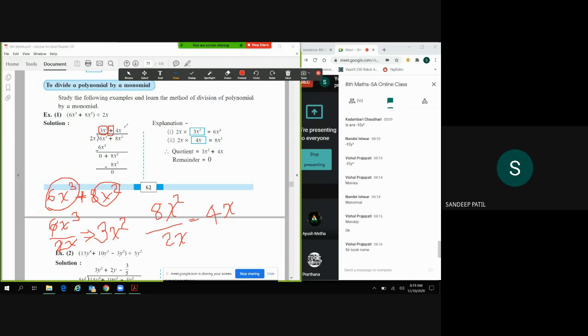So that is the answer here. Whenever you are dividing a polynomial by a monomial, you have to carry out separate division in this way so that it will be easy, there will be no issue in solving, and you'll get the correct answer. So this is the answer, 3x square plus 4x.